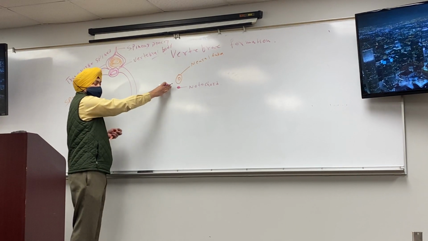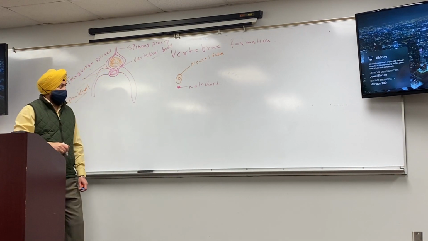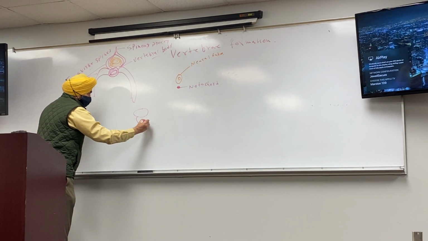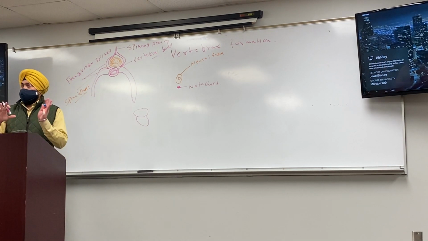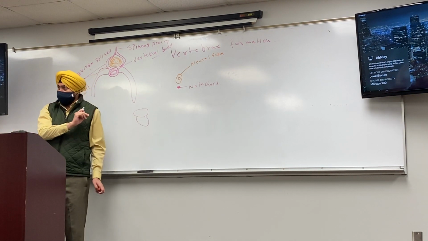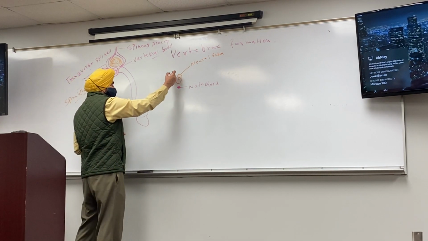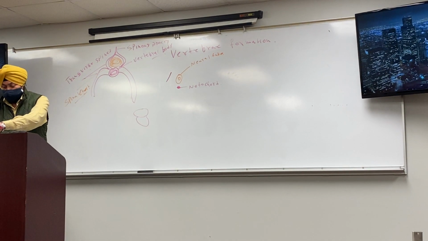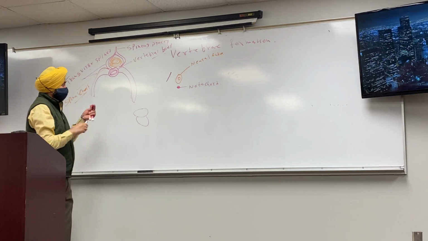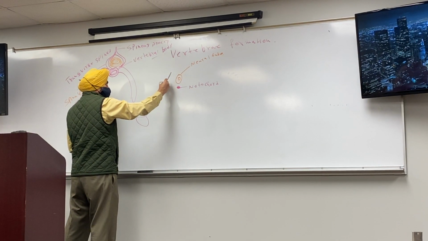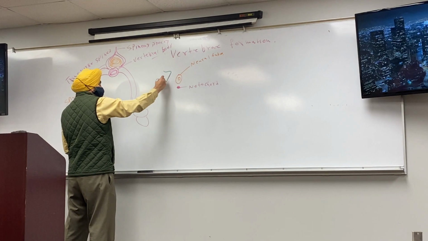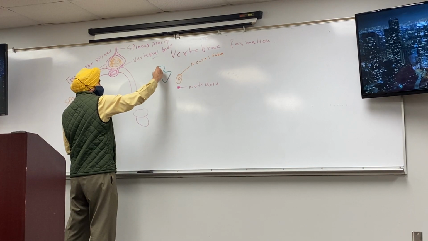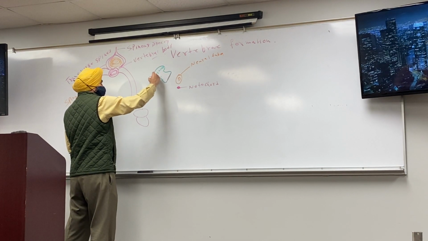And right here was your paraxial mesoderm, right? In the paraxial mesoderm, you had the dermamyotome, and then you had the sclerotome. So the vertebrae is coming from the sclerotome. So what I'm going to do is draw it in a way that this all is the dermamyotome, and we are not worried about this.